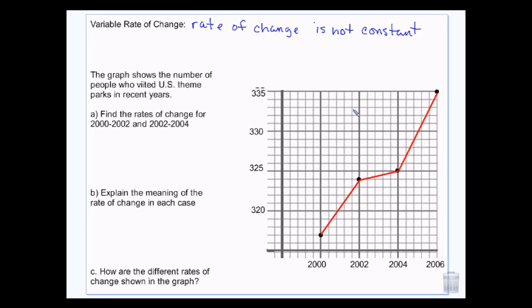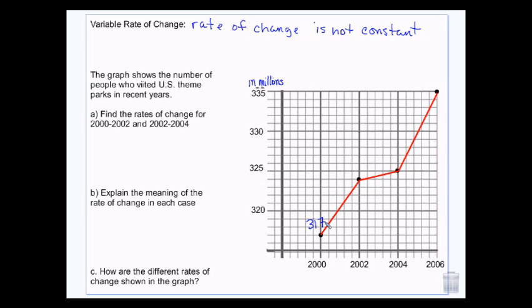So if we look at this graph, it shows the number of people who visited U.S. theme parks in recent years, and these are in millions. I accidentally got that cut off when I copied this over. So in 2000, if we look, this is 20, 19, 18, 17. So 317 million people came.